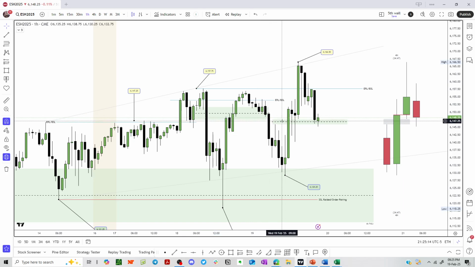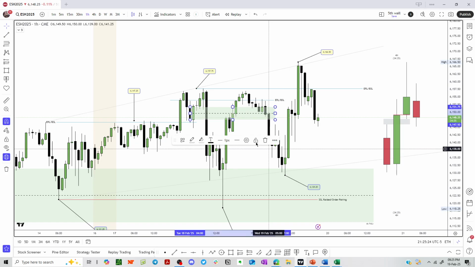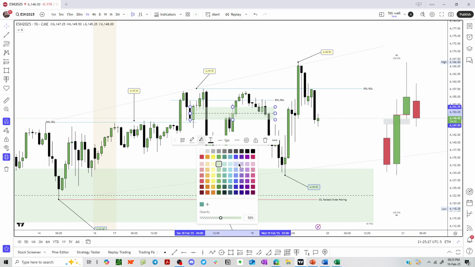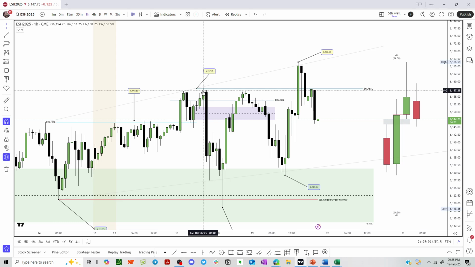Obviously this wasn't here, so I'm going to delete that. I saw this breaker, high, low, higher high, and I said, oh, price should be going down. The stop loss would have been here at the high of day, Tuesday.